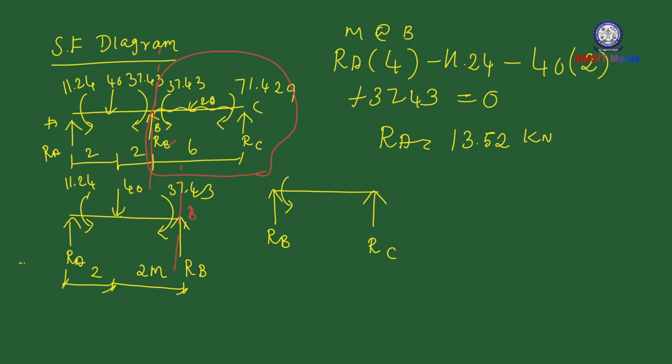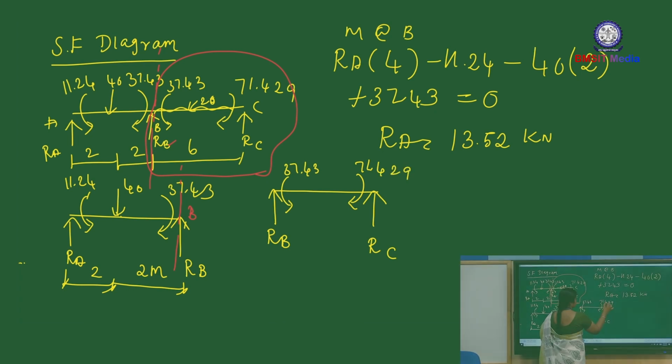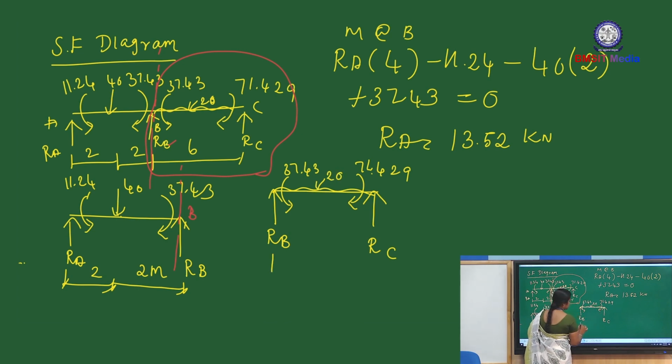Here 37.43, here 71.429. UDL load is 20. Length is 6 meter.